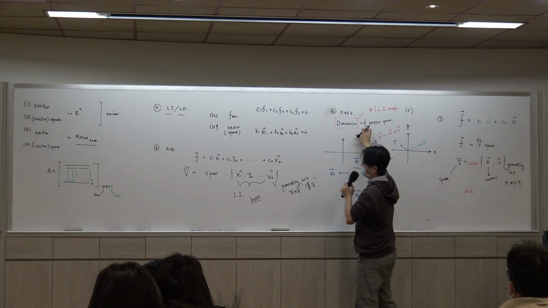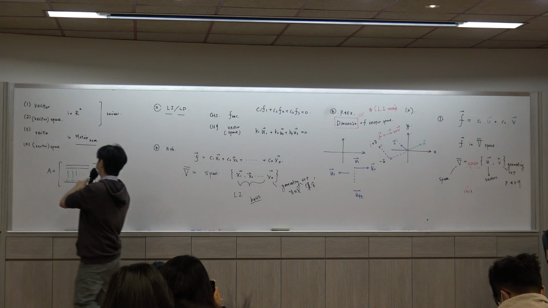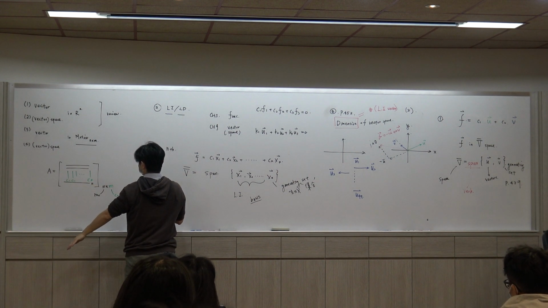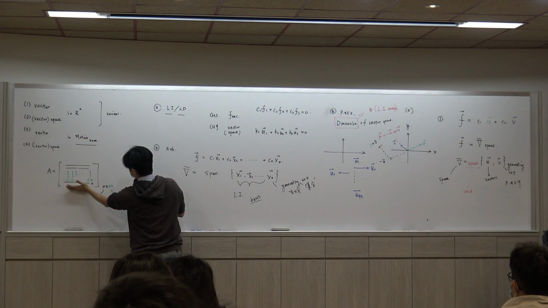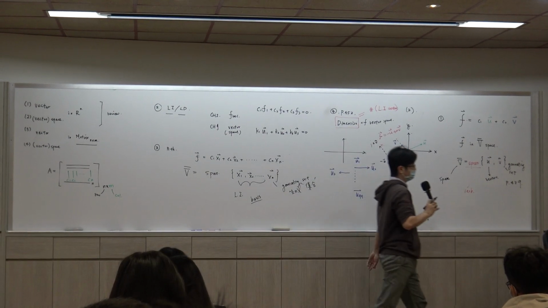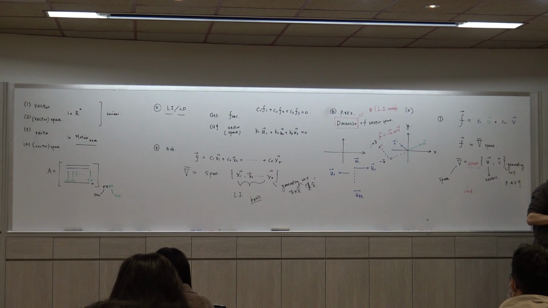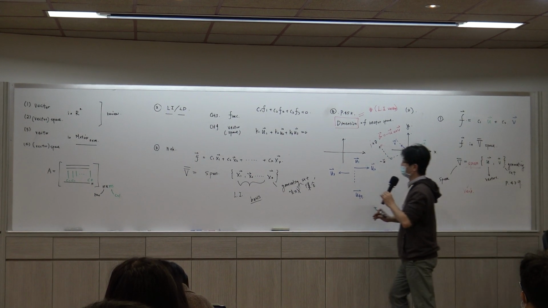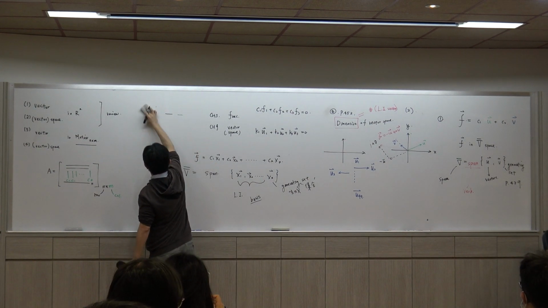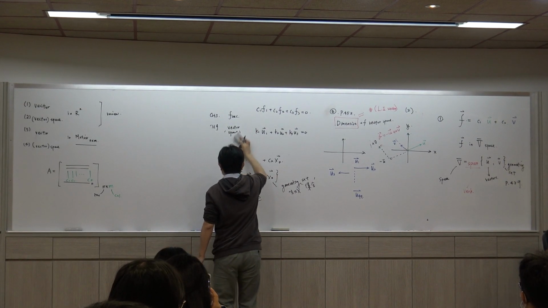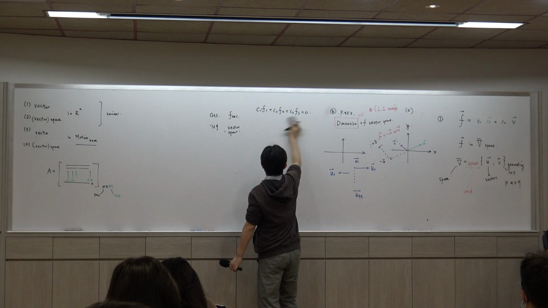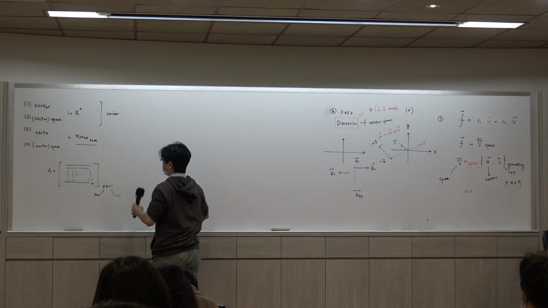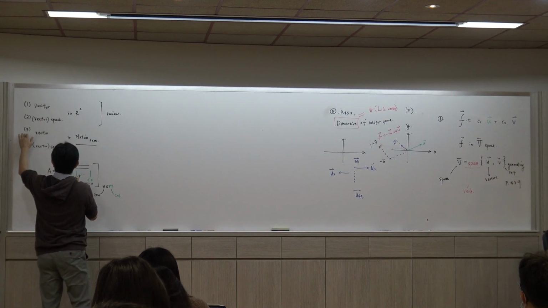So based on the review, we would like to move on to the vector space in matrix, to handle the many row vectors and column vectors. Okay, let's move on to the third part.